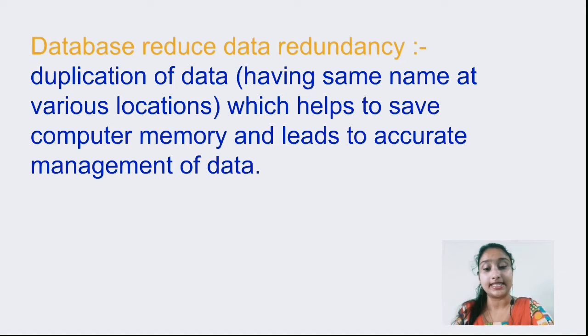Both have the student's name. So the database helps to reduce this and maintain a single format for all the data. It will merge both and help us to save our computer memory in an accurate way.